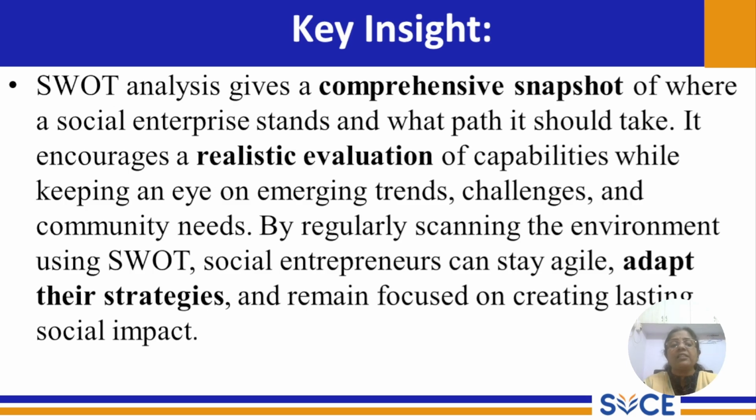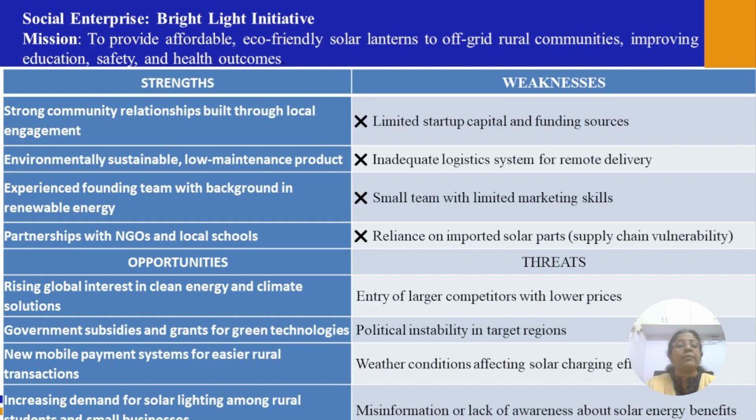SWOT analysis gives a comprehensive snapshot of where a social enterprise stands and what path it should take. It encourages realistic evaluation of capabilities while keeping an eye on emerging trends, challenges, and community needs. By regularly scanning the environment using SWOT, social entrepreneurs can stay agile, adapt their strategies, and remain focused on creating lasting social impact.